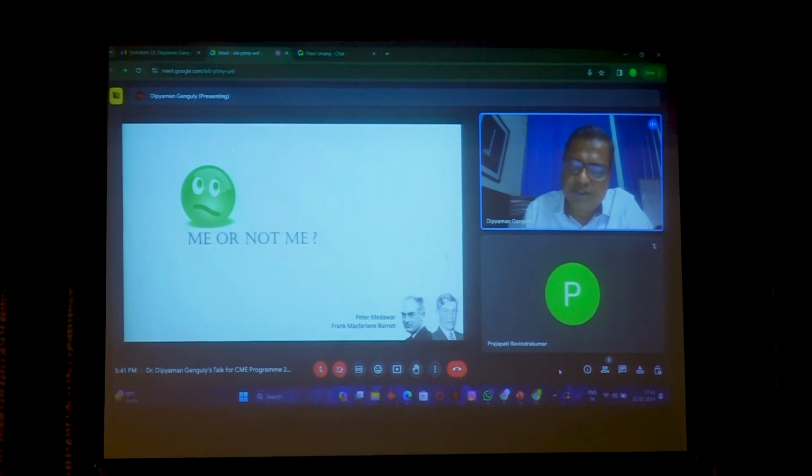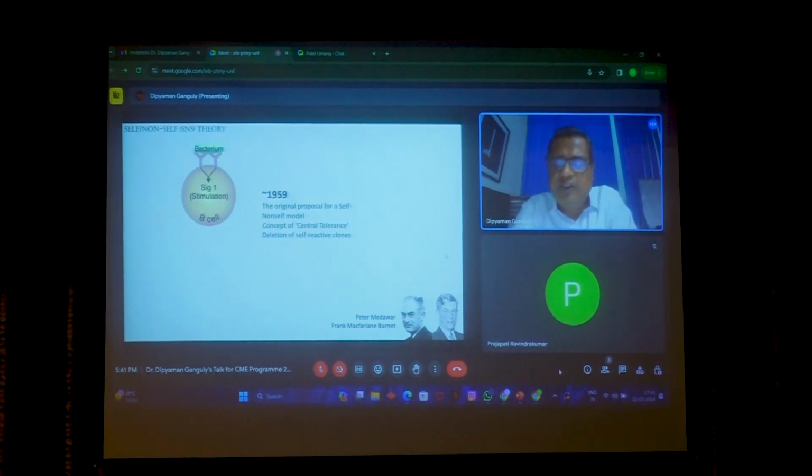from Australia. In the mid 1950s, they were doing experiments mostly on transplants, trying to do xenotransplants on mice and other animals. Largely from those data, they came up with the first model of how the immune system works, and that is called the self-non-self model.